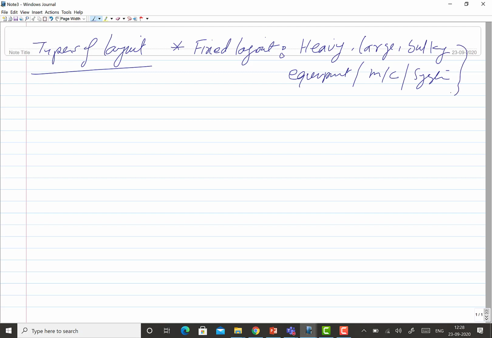This is the category of products which are manufactured using fixed layout.